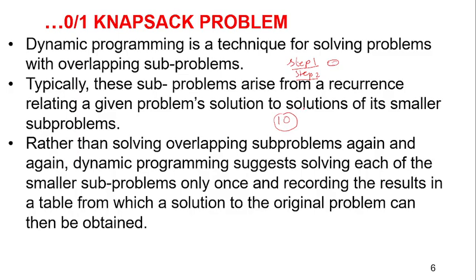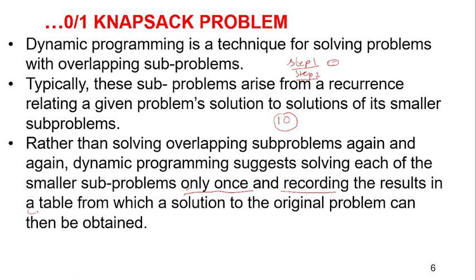First we will consider the first item and then the next item, third, fourth, fifth, and it goes on like that. So rather than solving the overlapping problems again and again, this dynamic approach suggests solving each of the smaller subproblems only once, and recording the results in a table.